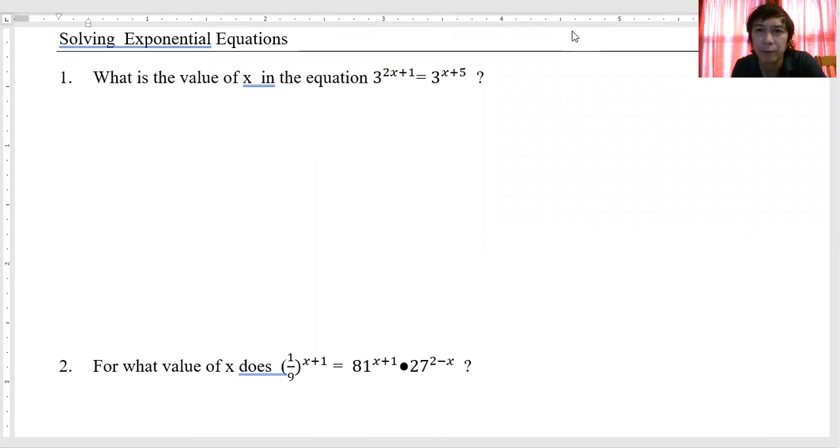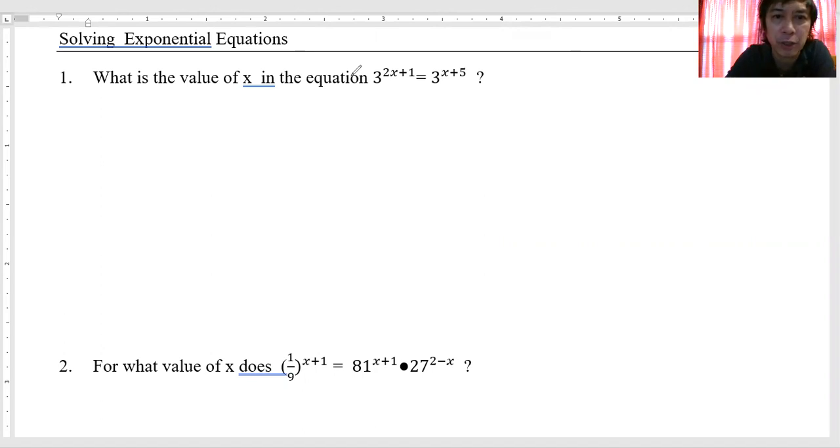Now we're going to have the solution over in our first screen. You will have to see that there's a 3 raised to 2x plus 1 equal to 3 raised to x plus 5, and the bases are equal. So you can immediately conclude that when the bases are equal, the exponents are also equal.